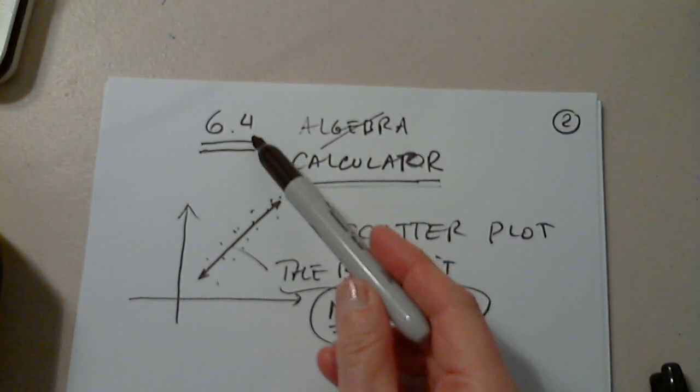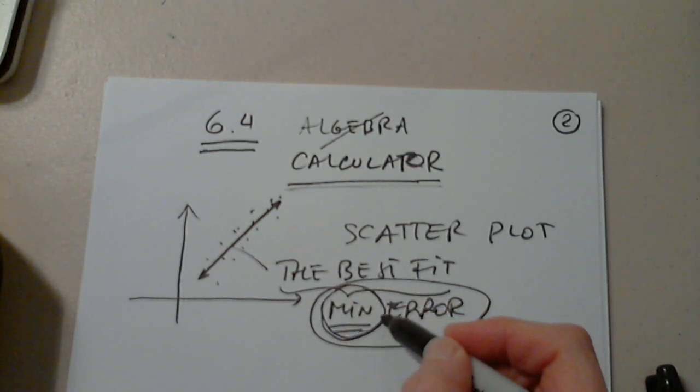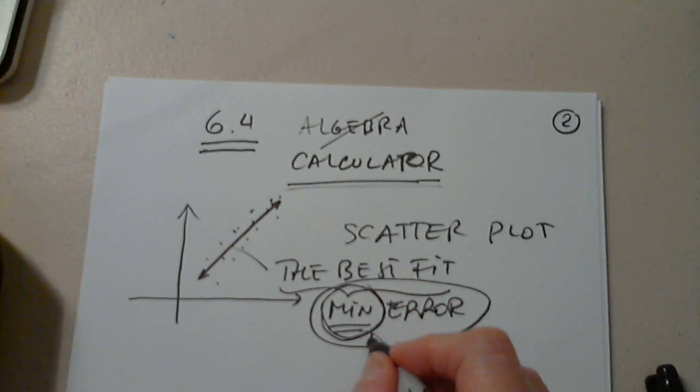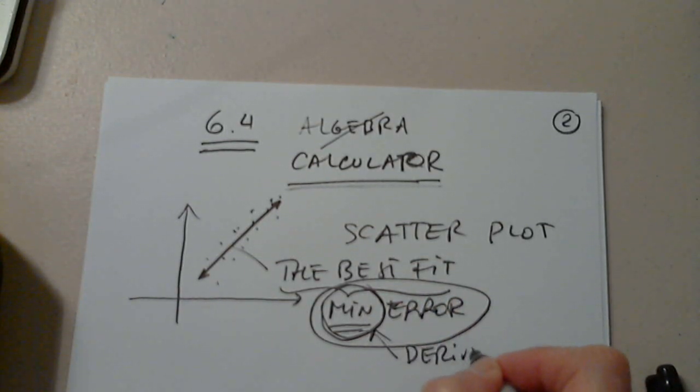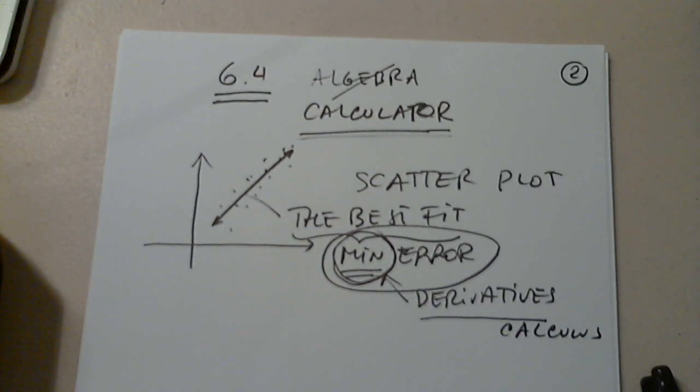But the reason 6.4 is in calculus, it's because of this key word. Every time we talk about min or max, we talk about derivatives. When we talk about derivatives, we talk about calculus. That's the only reason.